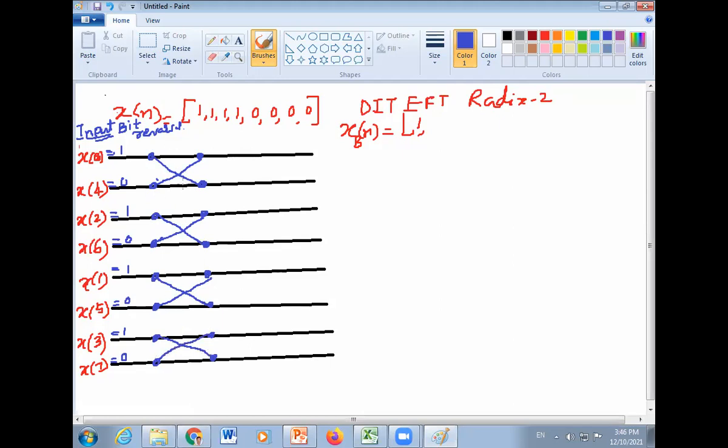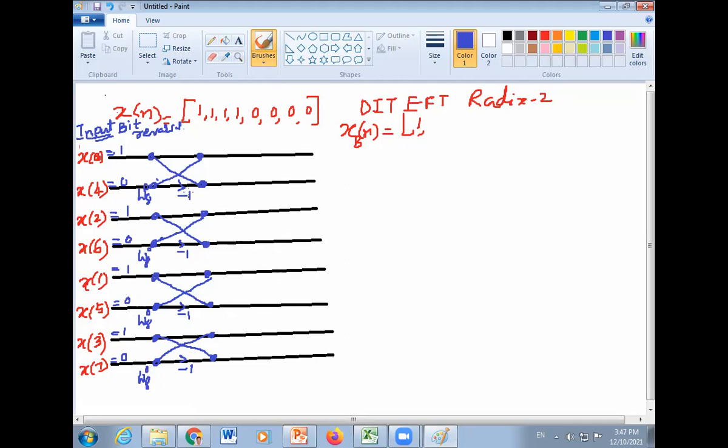Here this is again a -1, and the multiplier we are using is for the 2 point, so we are using W8 to the power 0. Here W8 to the power 0, W8 to the power 0, and this is W8 to the power 0.